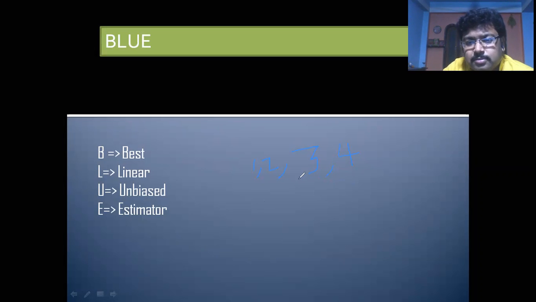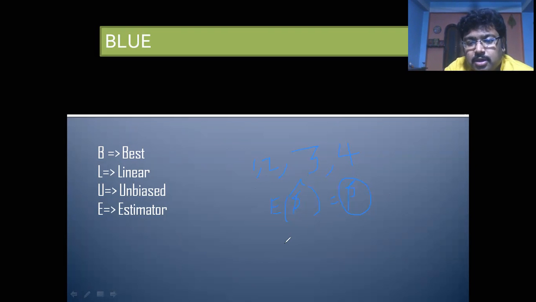Suppose the estimator of a sample is beta hat, and beta is the population parameter. When the expectation of beta hat is equal to beta, then it is called unbiased.